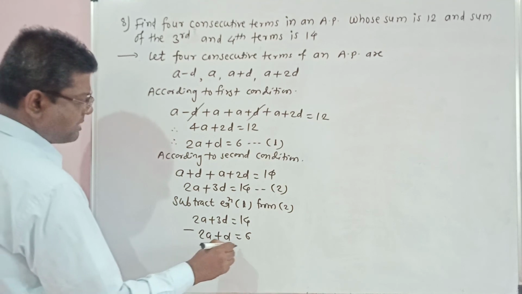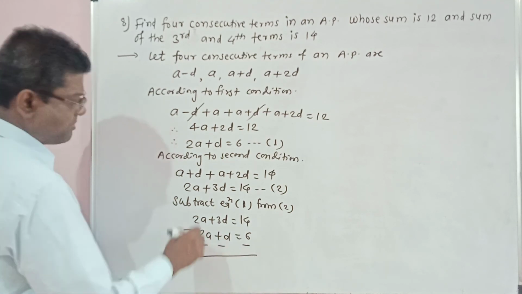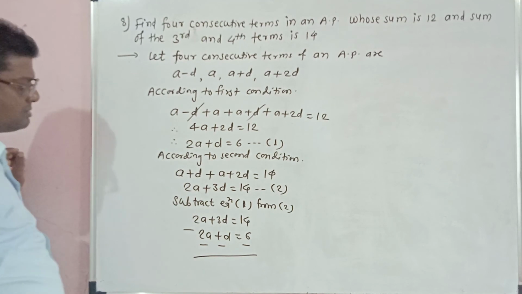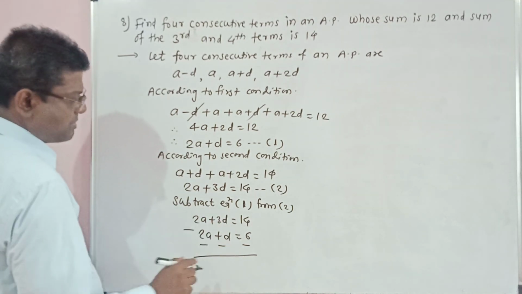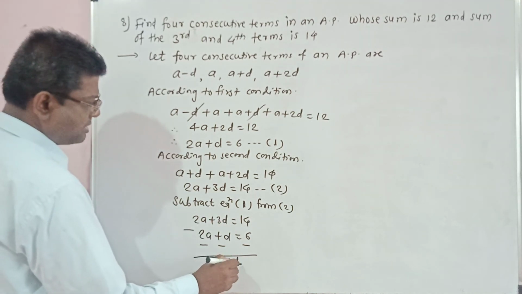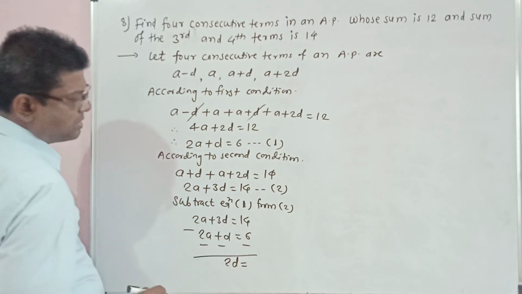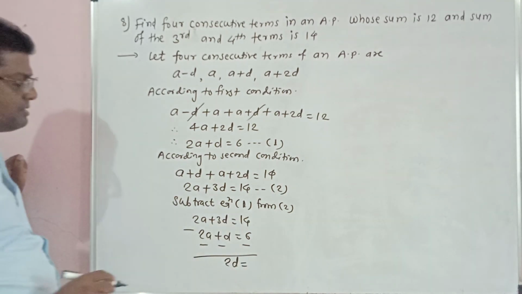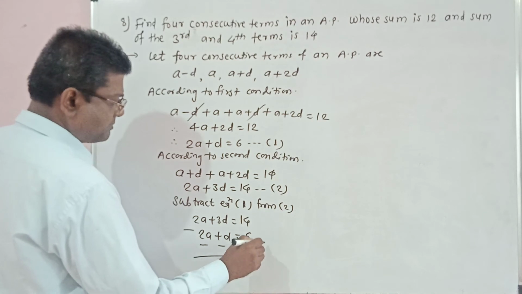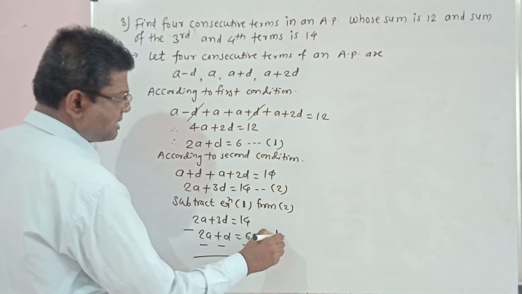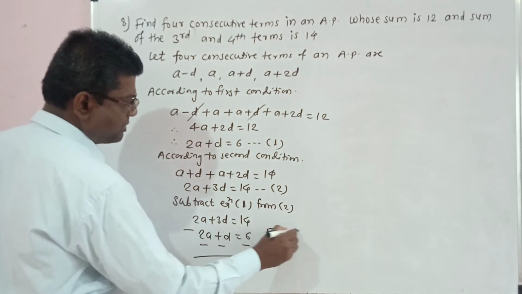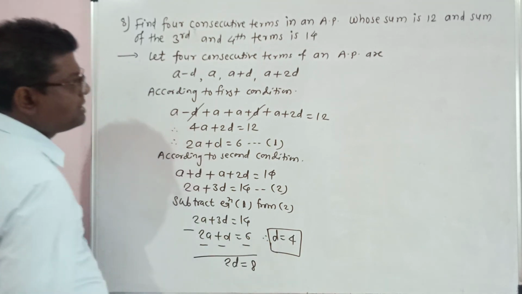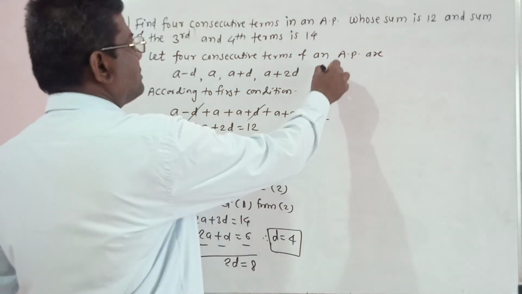This will be 2A minus 2A is 0. 3D minus D is 2D. 2D is equal to 14 minus 6 is 8. 2D is equal to 8. Therefore D is equal to 4. So value of D is equal to 4.